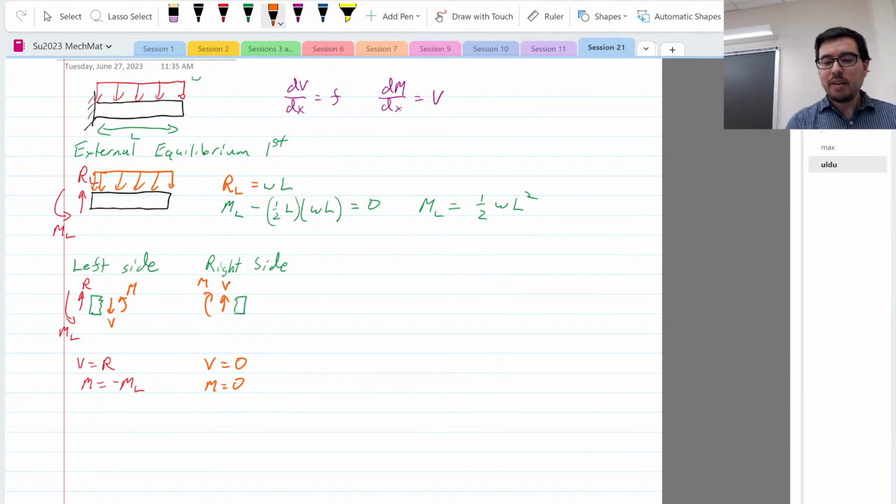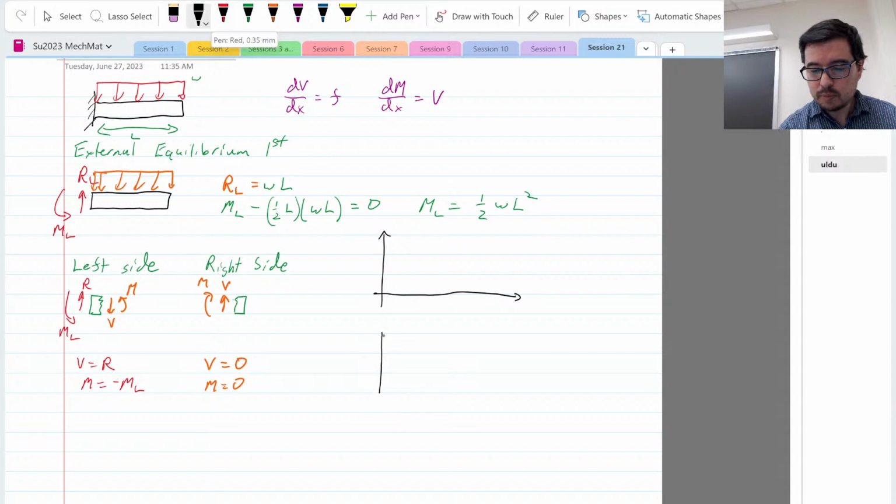Now, if we draw the plots, we'll do the shear force one like this, and this will be shear force, this will be moment.